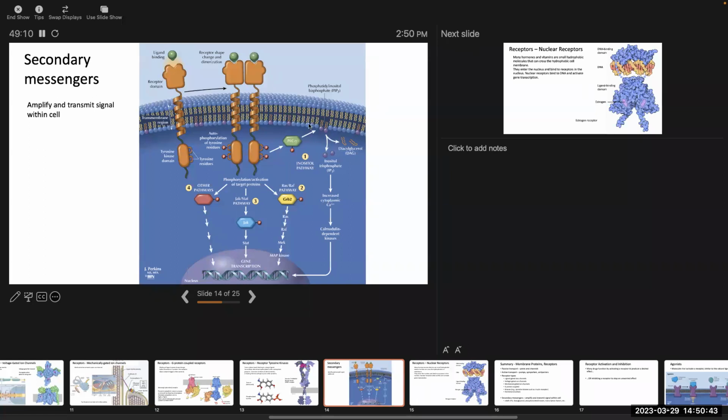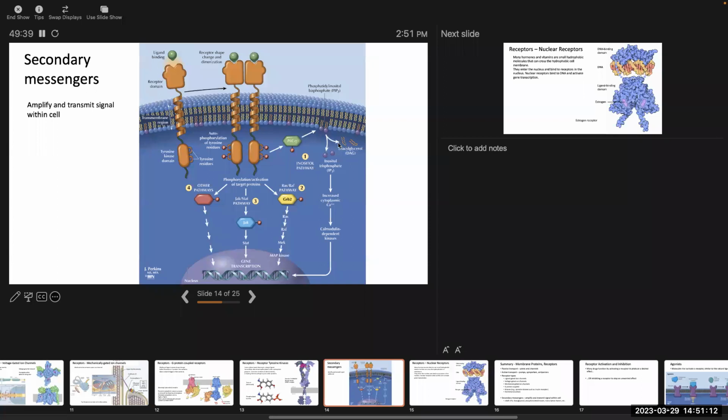And the phospholipase C splits that PIP2 into the phosphate head, the polar head of the phospholipid, which is called inositol triphosphate, or IP3. And then the lipid tails are called diacylglycerol. Basically, it's a glycerol molecule with two fatty acids attached to it. And I believe diacylglycerol itself also can act as a second messenger.